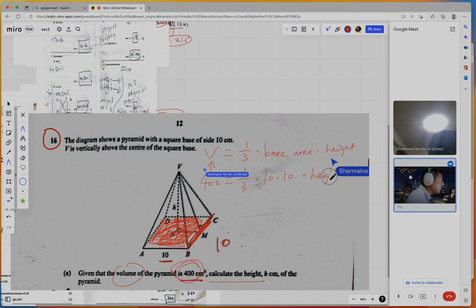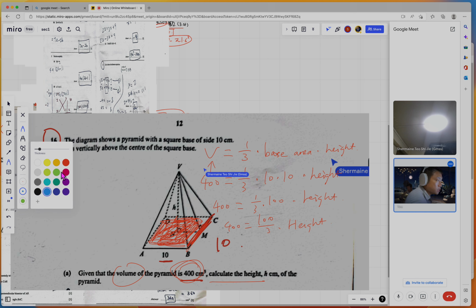Then the height is the height. So 400 is equal to 1/3 times 100 times height. Using your calculator, that is 100 over 3 times the height. So far so good.